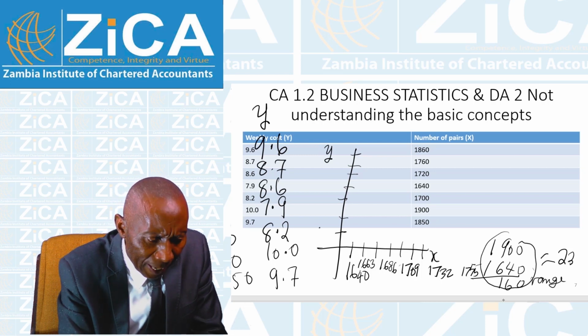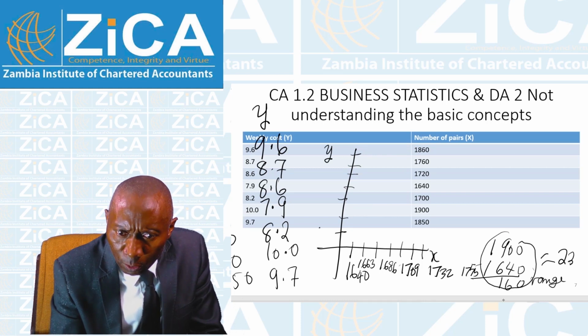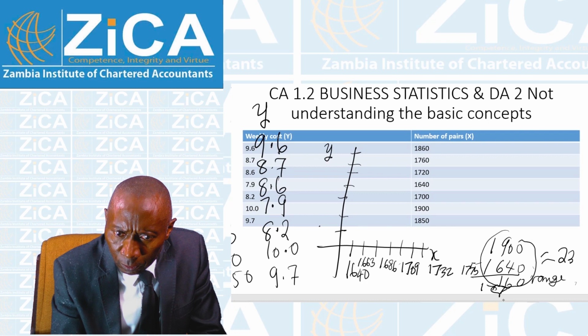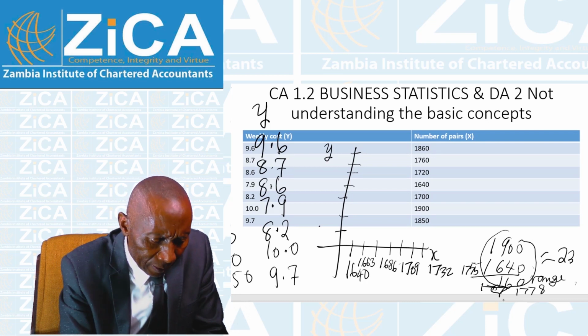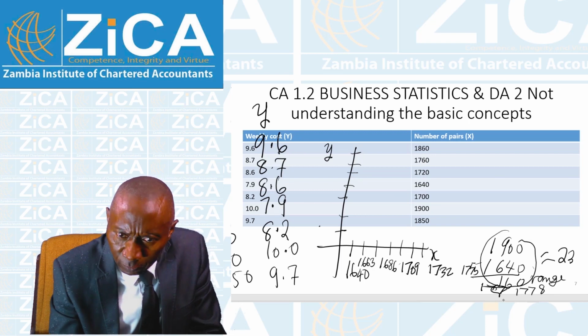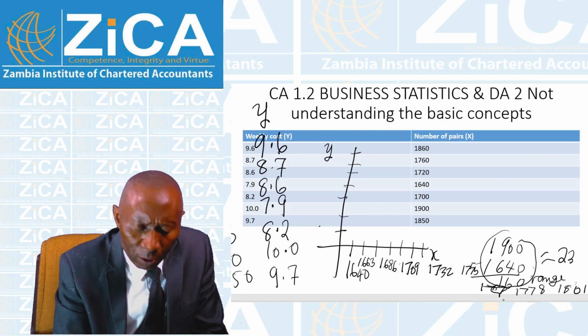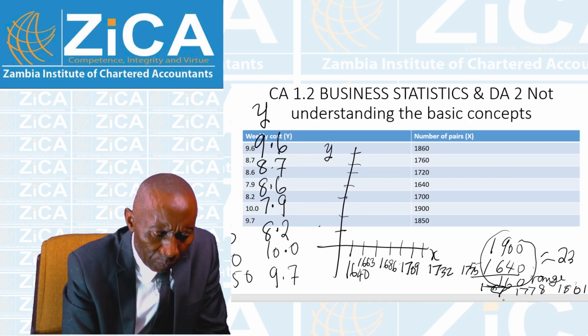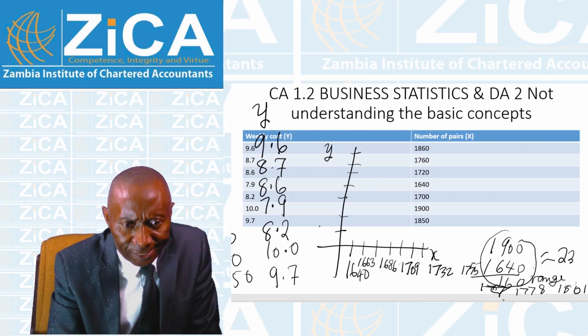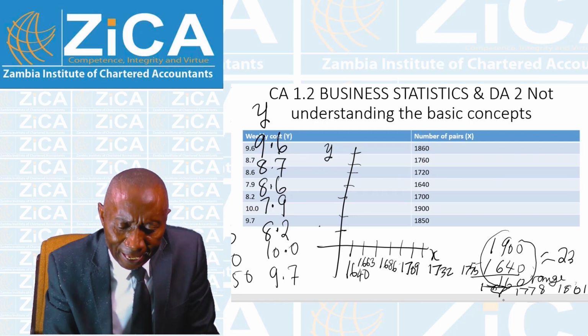Okay, then plus another 23, which will take you to 1778, plus another 23, which will give you 1801, plus another 23. This is like you are getting the scale so that you fit in the x-axis.